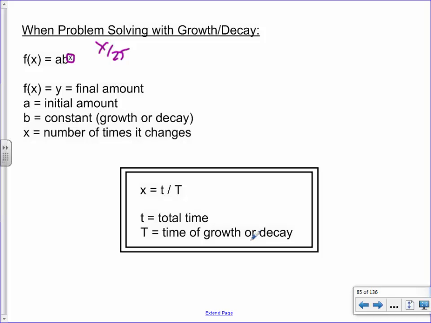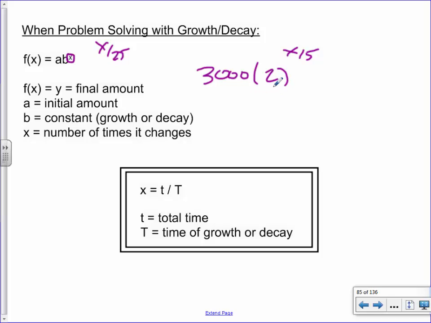Does that make sense? That's what I'm going for on this slide. Often it's written as 3,000, that's A. And then B would be 2. And then the exponent is actually x over 5. What this information means then, you started with 3,000.